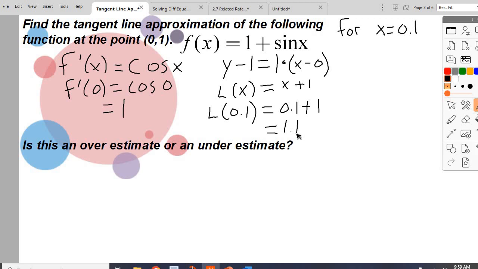Now, we're going to check our work here in just a second. But say this was a non-calculator portion, and I wanted to know if this was an over or an underestimate, how would I figure that out? So let's go back to a graph. What's the graph of 1 plus sine of x?